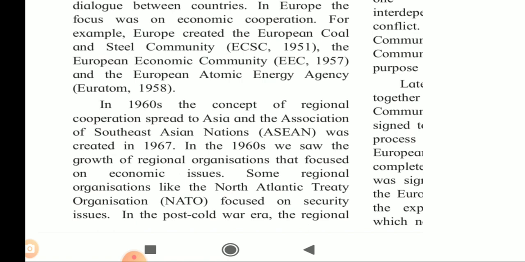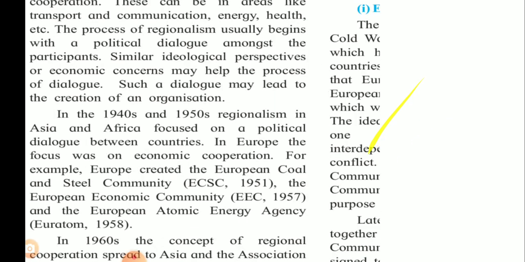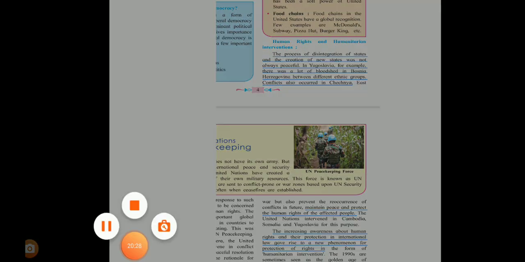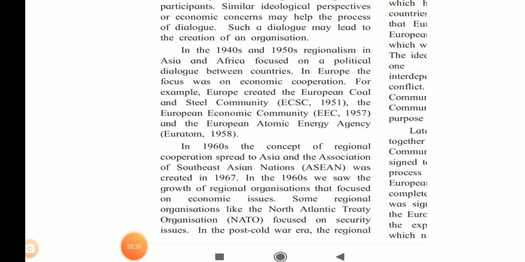In the post-Cold War era, the regional organizations started to focus on issues of trade.